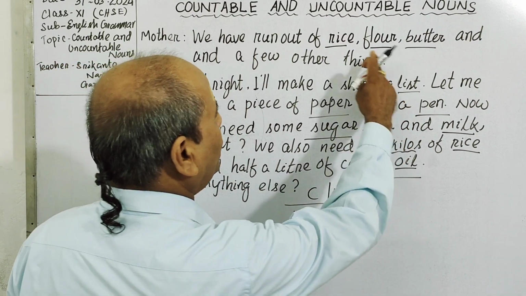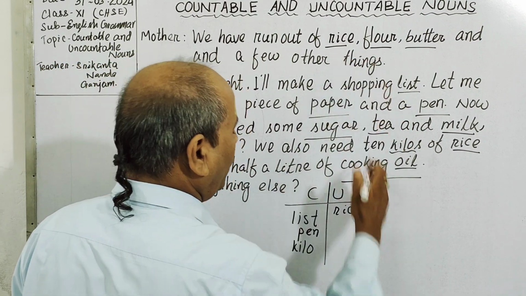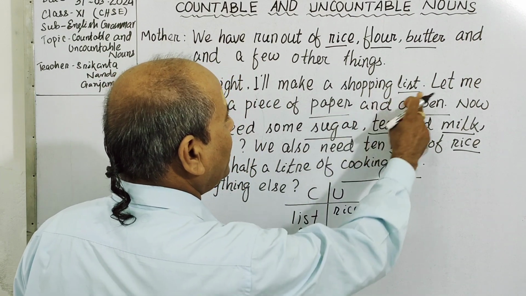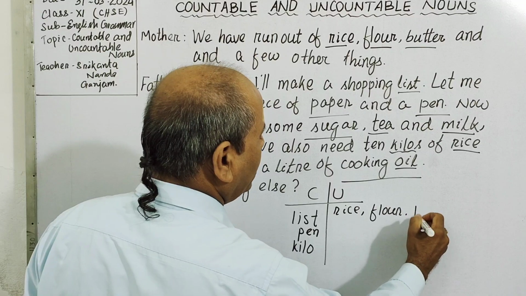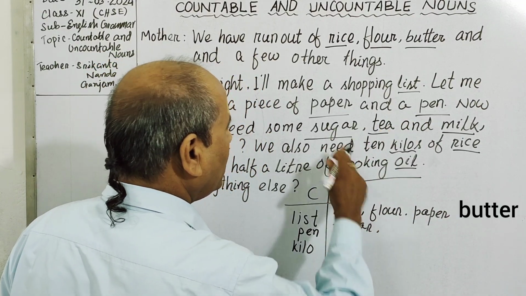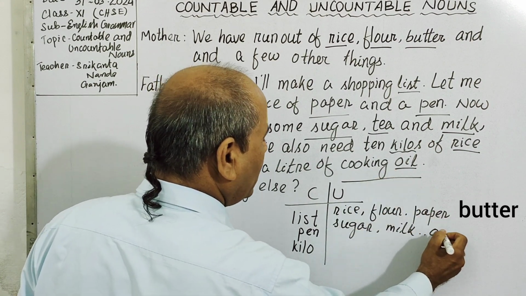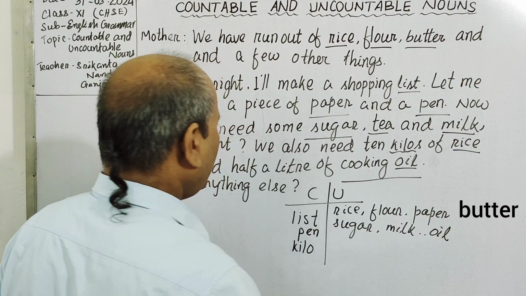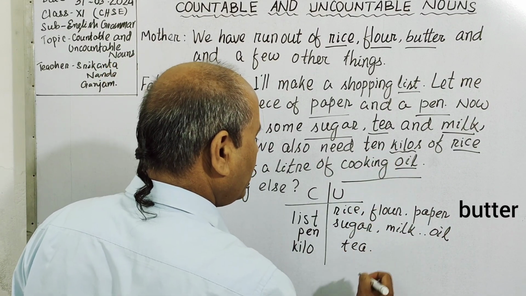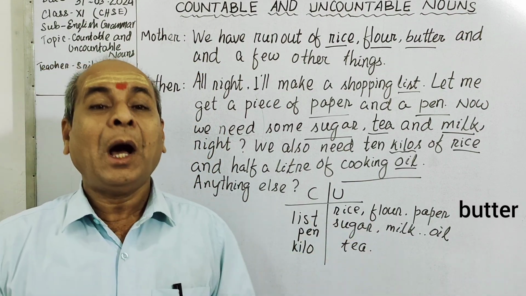We cannot count rice, then flour, then pepper, then sugar, then milk, then oil. Okay, tea, we cannot count tea. So these are the countable nouns and these are uncountable nouns.